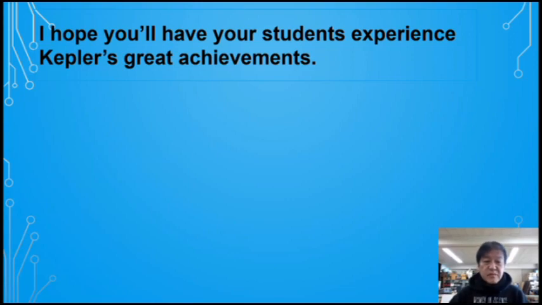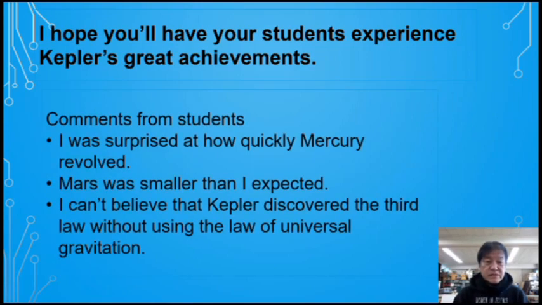These are some comments from my students. I was surprised at how quickly Mercury revolved. Mars was smaller than I expected. I can't believe that Kepler discovered the third law without using the law of universal gravitation.